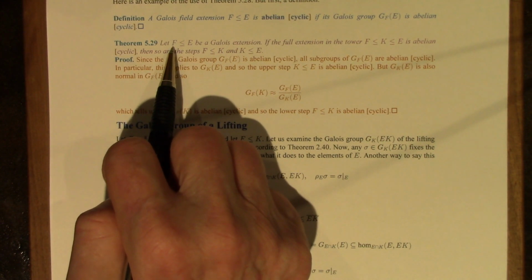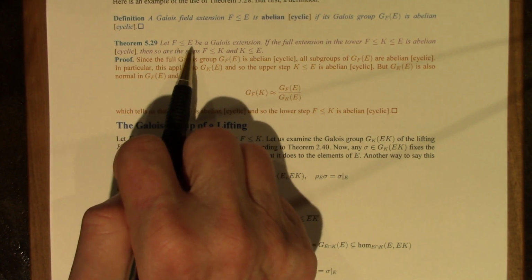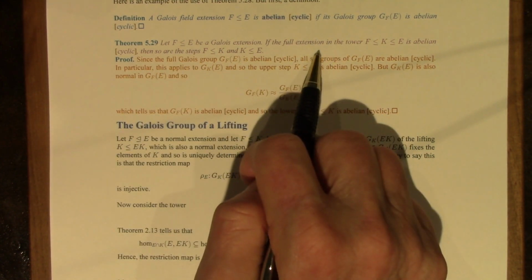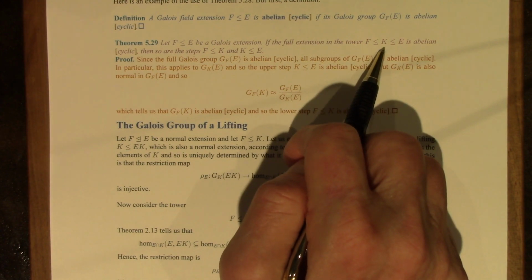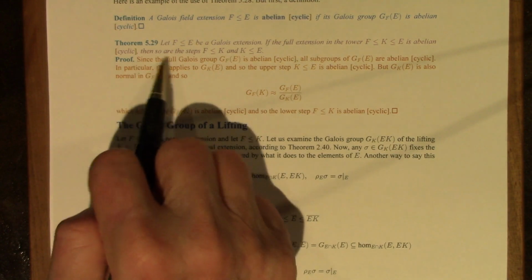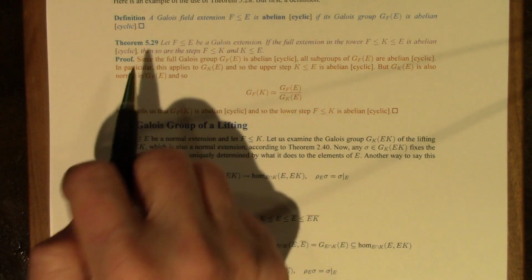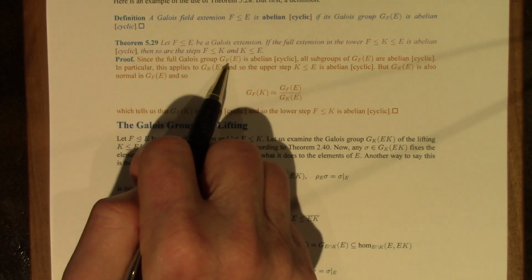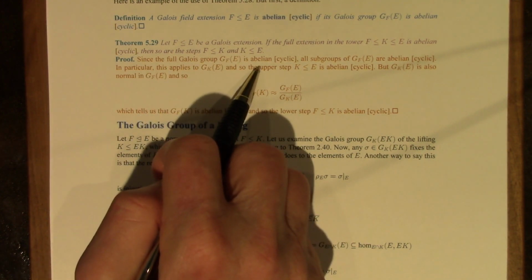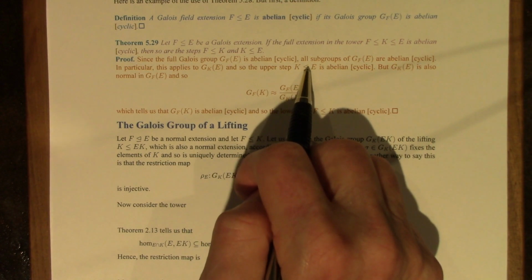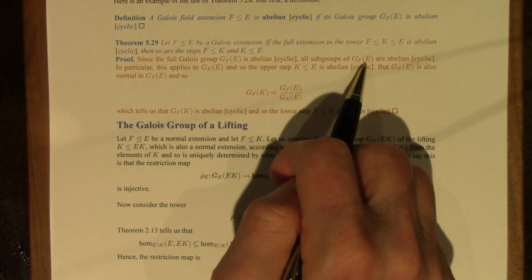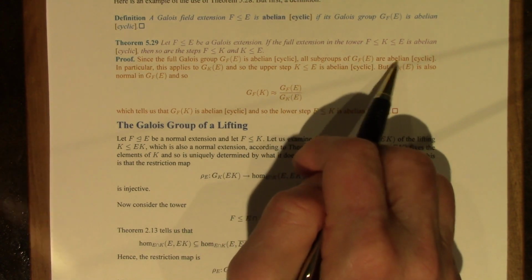Theorem. If we have a Galois extension FE, if the full extension in a tower like this is abelian or cyclic, then so are the steps. Proof, since the full Galois group is abelian or cyclic, all subgroups of the full Galois group are abelian or cyclic.